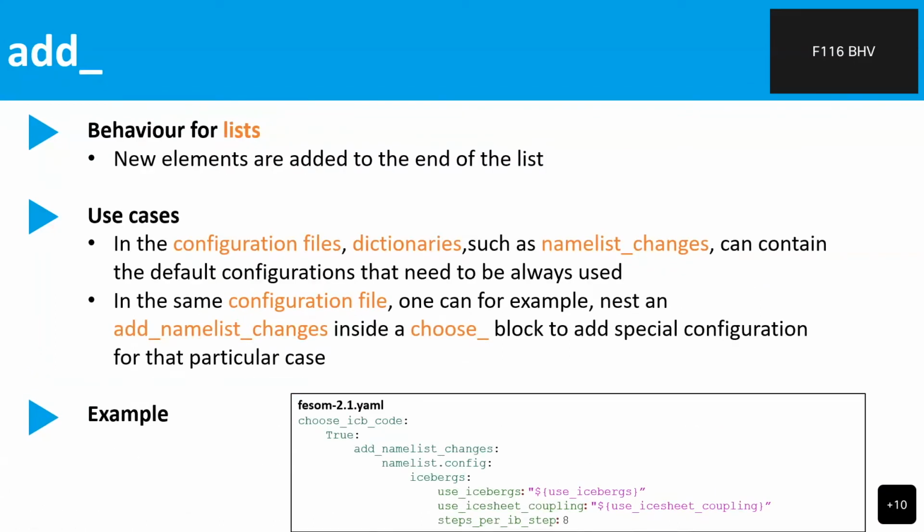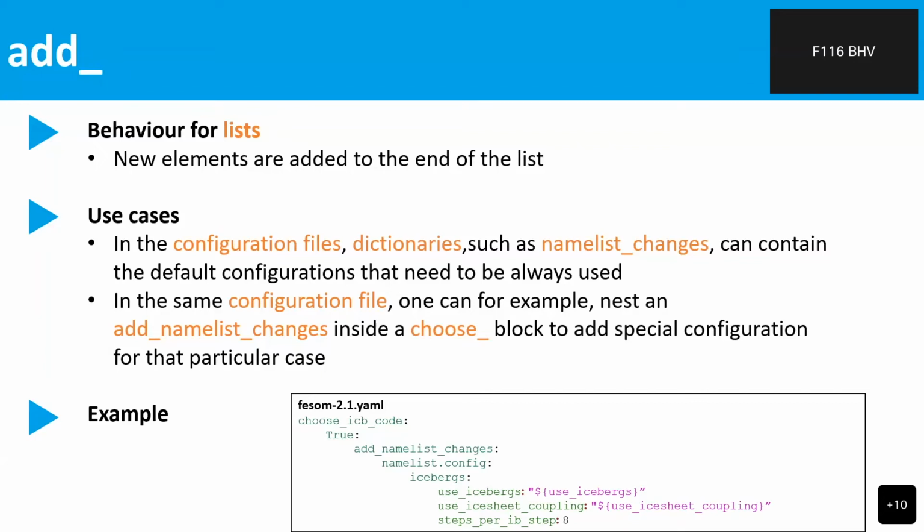This is a use case for the scenario, and we've looked at that before when we were looking at the choose ICP code. What we are seeing here is that in the FESON YAML we have a name list changes that contains everything that is always going to be there, like changing the dates on the name list, selecting the claimant data path, etc. But we have some cases, the ICP code case true, in which we want to add some stuff to our name list.